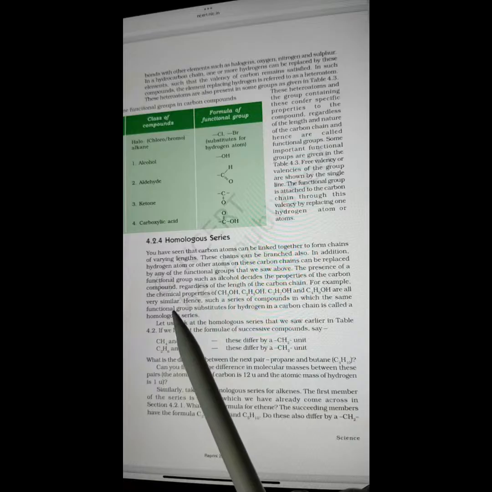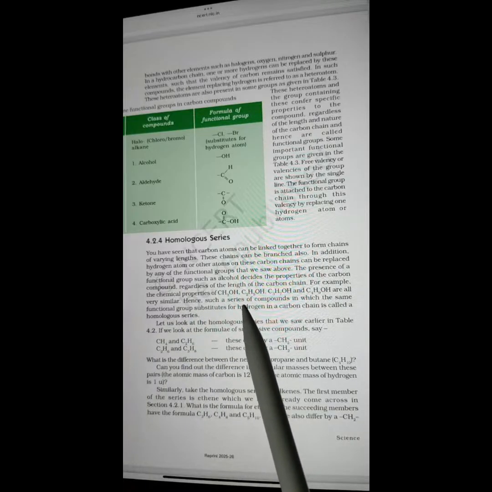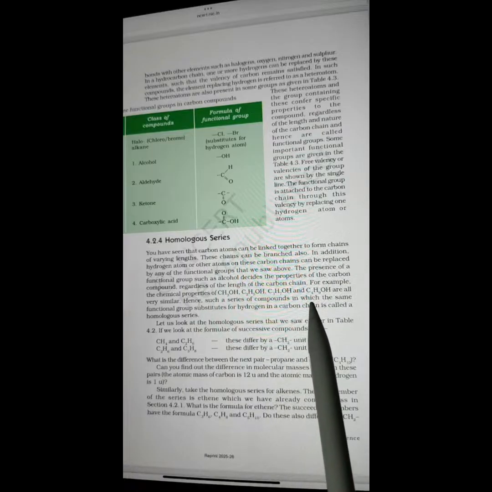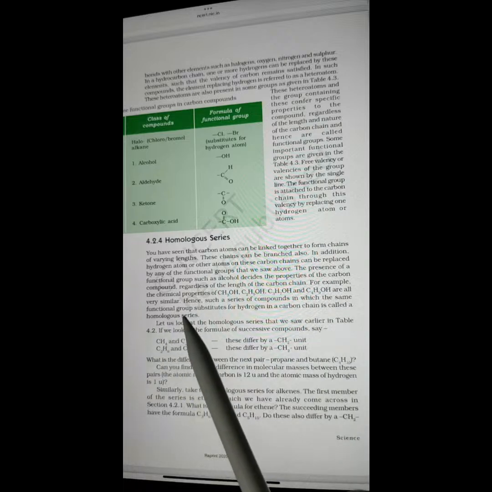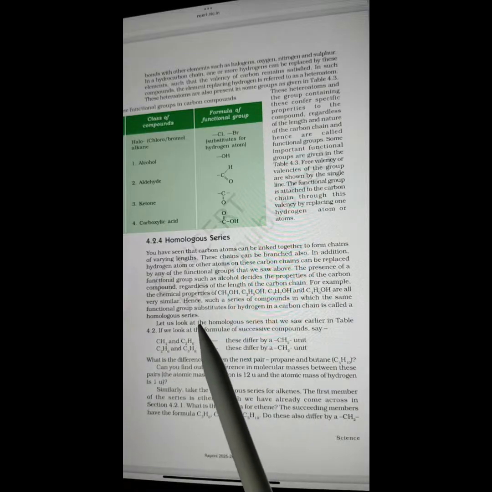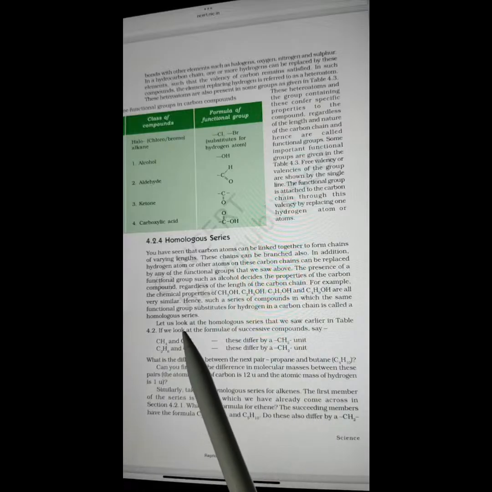For example, the chemical properties of methanol CH3OH, ethyl alcohol C2H5OH, propanol C3H7OH, or butanol C4H9OH are all similar. Hence, such a series of compounds in which the same functional group substitutes for hydrogen in a carbon chain is called a homologous series.